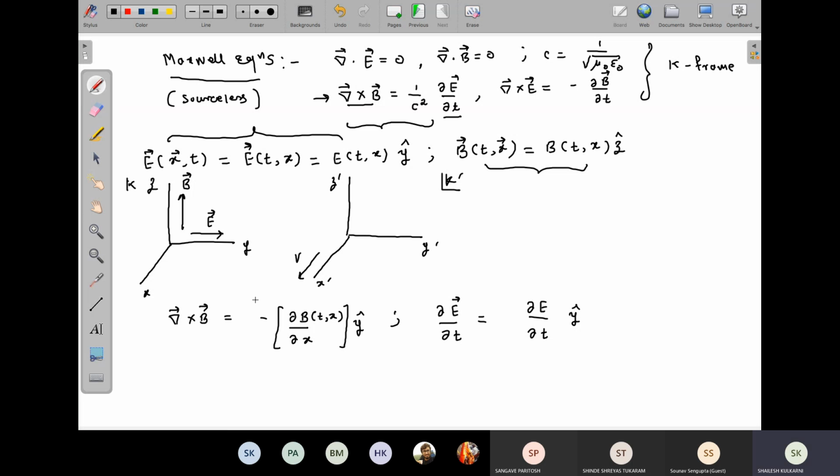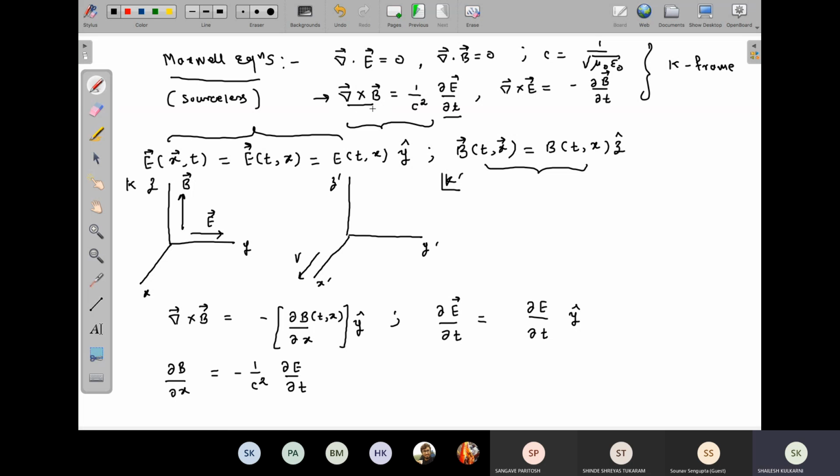So for this choice, this equation becomes del B by del X equal to minus 1 over C square del E by del T. So it's the first order equation, del B by del X equal to minus 1 over C square del E by del T. I'm still in K frame and we are still in this equation.